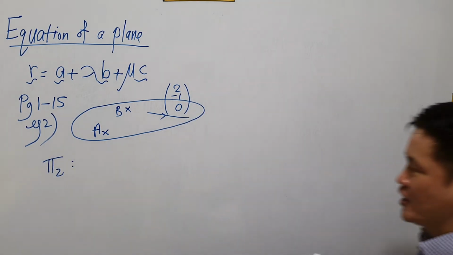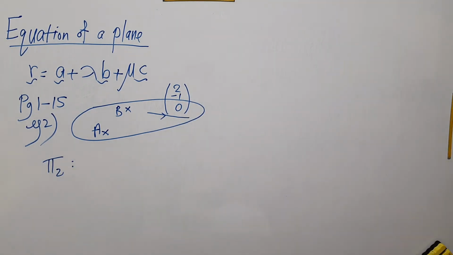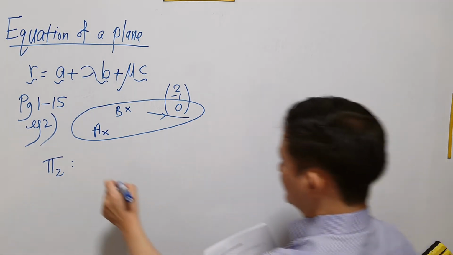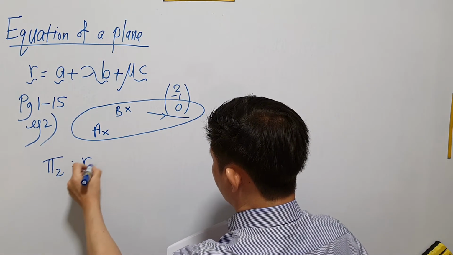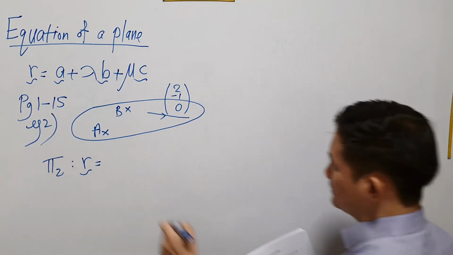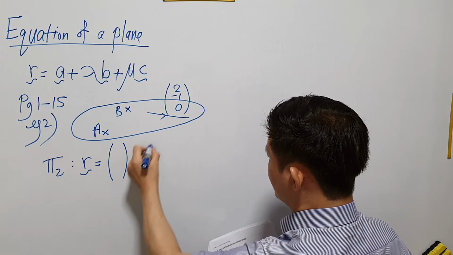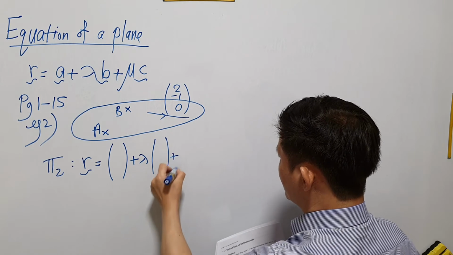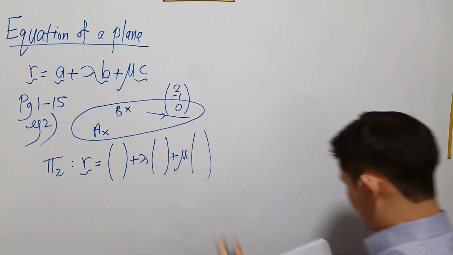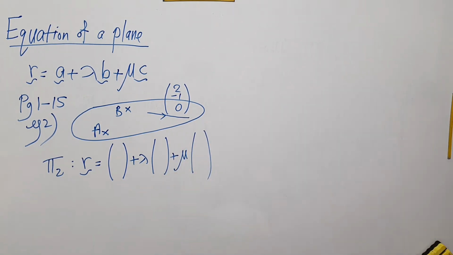with this information. To find the equation of the plane, once again, it is vector r, the position vector of the generic point on the plane. You need a first vector, lambda, second, and then the third. How do we get the first vector? The first vector represents the position vector of a point on the plane.